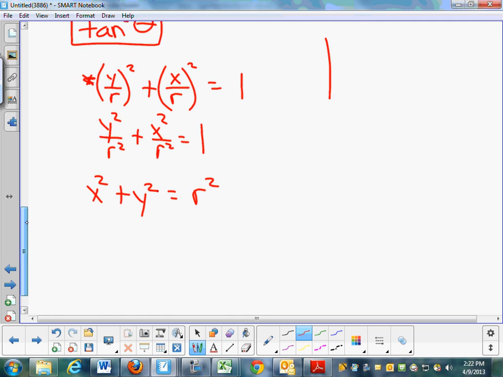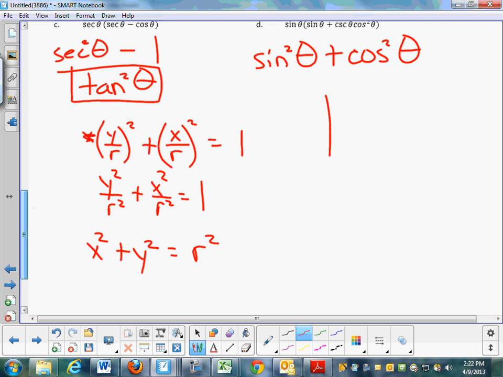So sine squared plus cosine squared is just a modification of something that we've always done, the Pythagorean theorem, and your equation for your circle. If you see the connectedness, you never forget it, because you know exactly where it came from. Can you remember that? Some of you can, some of you can't. If you can remember those type of things, then you don't need the sheet. If you can't, you need the sheet.